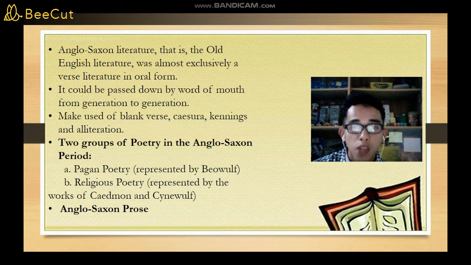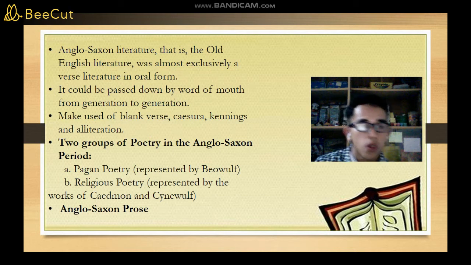And they make use of kennings. Kennings are metaphorical in nature, used to describe any figurative language. Also they use alliteration, a poetic device.